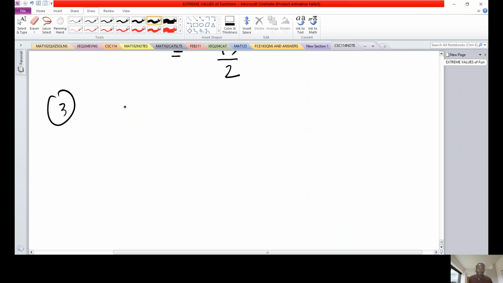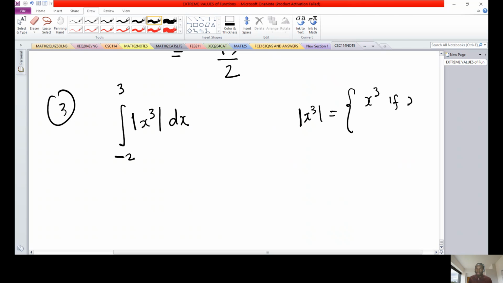Example 3, integral from negative 2 to 3 of the absolute value of x to the power 3 dx. So also here, you say that the absolute value of this one will be given by two formulas: x to the power 3 if x to the power 3 is greater than or equal to 0, and negative x to the power 3 if x to the power 3 is less than 0.